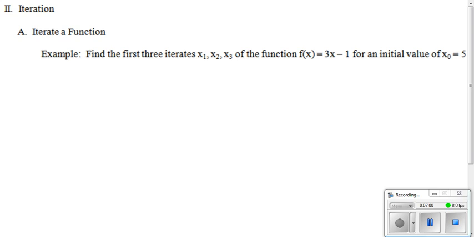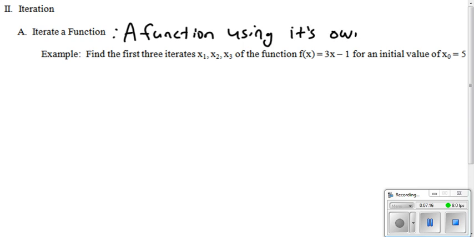Moving on from there, iteration. When we iterate a function, that's basically just saying it's a function using its own terms, and it does that over and over. And I'll show you what that means here.